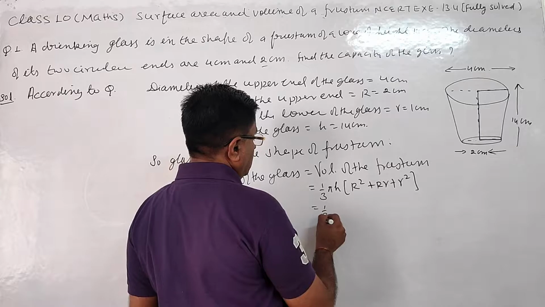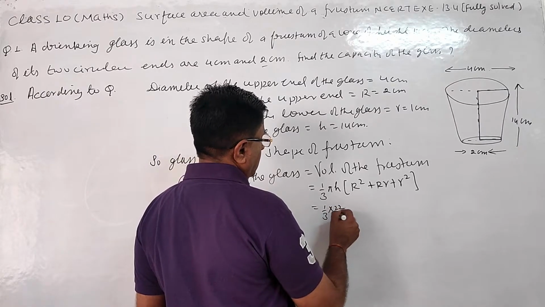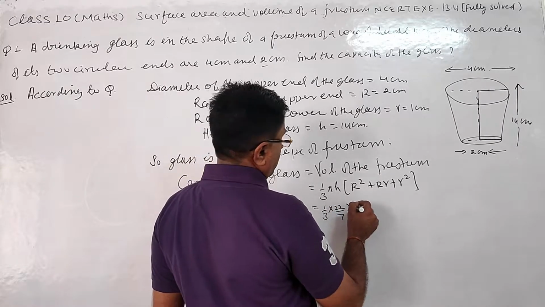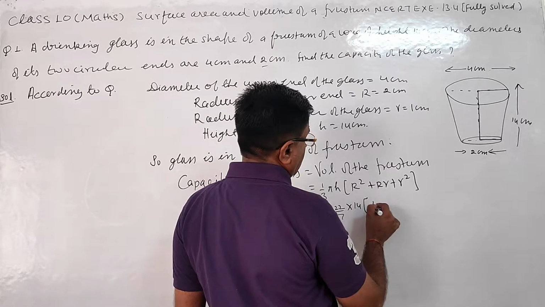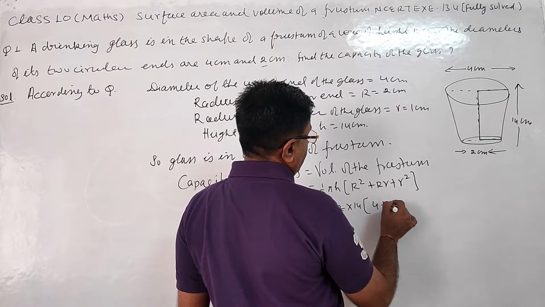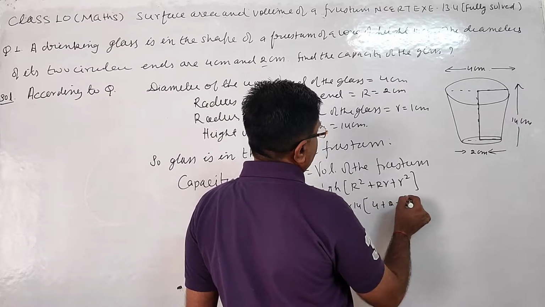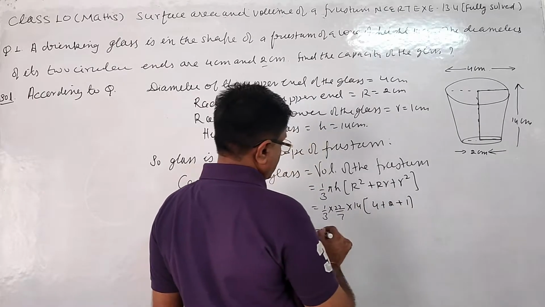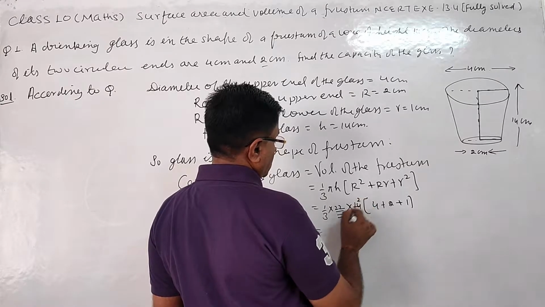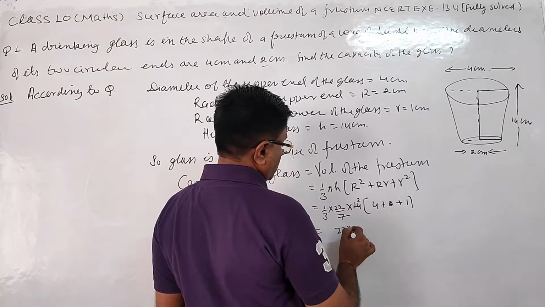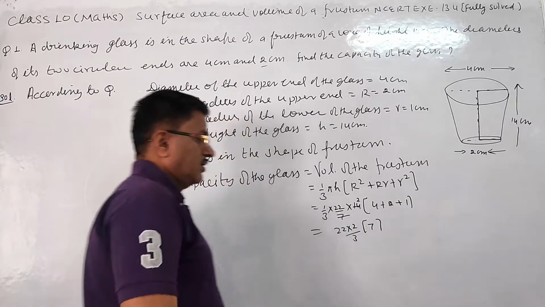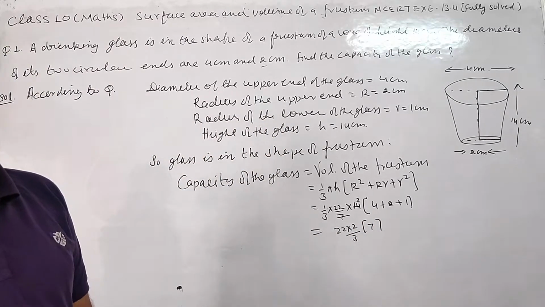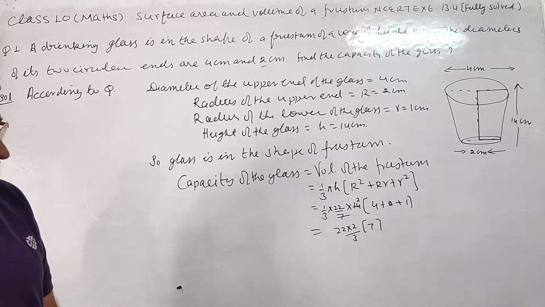So 1 by 3, 22 by 7 value of pi, h is 14. Small r square, radius 1 square, 1; R into r, 2 into 1, that is 2; plus small r square 1. So all these give 7. Then 22 into 14 by 3 into 7.